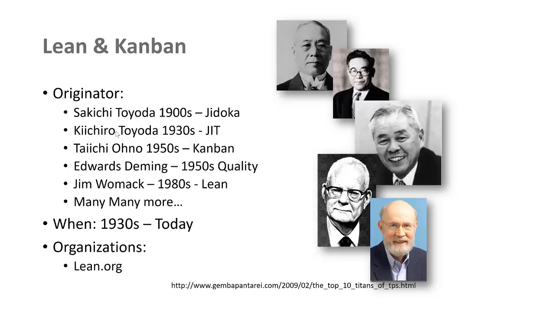Really, the interesting thing to note here is a couple of different things. Just in time, JIT, was developed by Kiichiro Toyoda in the 1930s. That concept is heavily used within the Agile movement. If you think about the use of story cards, that's probably the most obvious use of just in time, right?